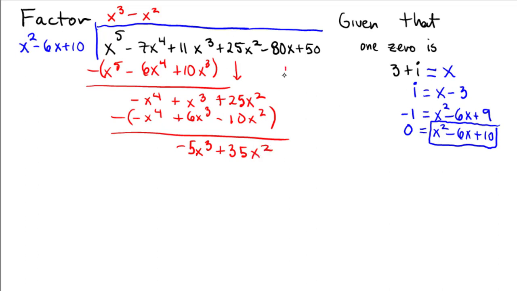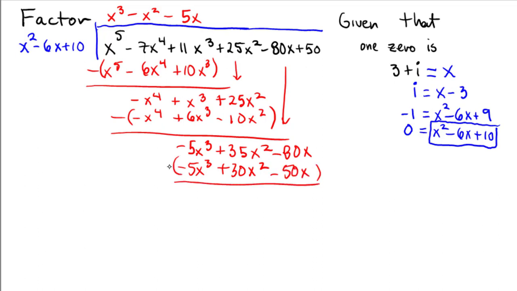So now carry down the negative 80x, and it looks in the next spot that we'll have to introduce a minus 5x. So minus 5x cubed, then plus 30x squared, then minus 50x.